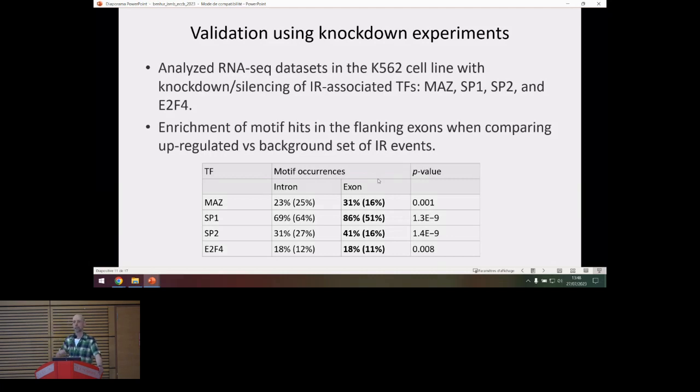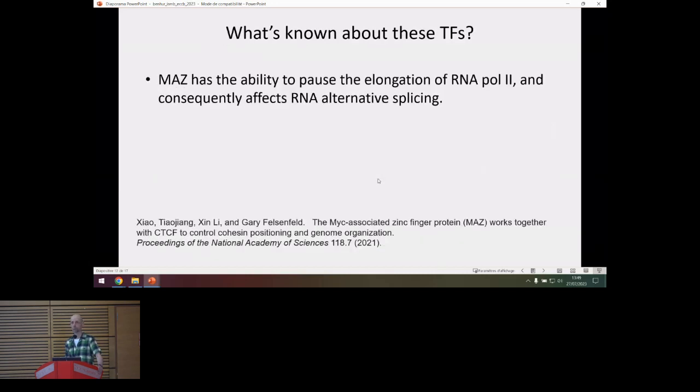We looked at the introns that exhibited differential IR in those samples, in the K562 cell line. What we found is that in the flanking exons of those retained introns, there's a big difference in the number of hits for those transcription factors, which is further validation for the involvement of these transcription factors.